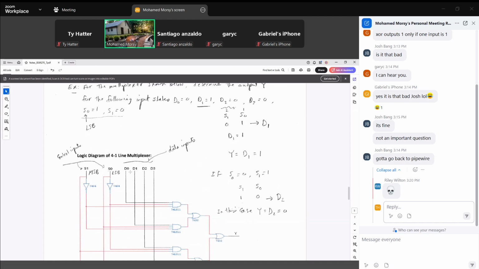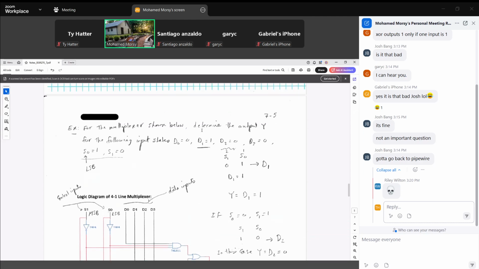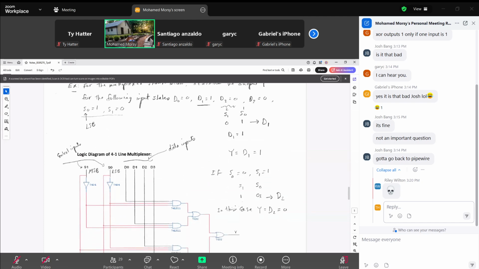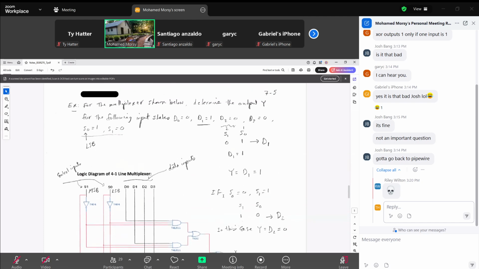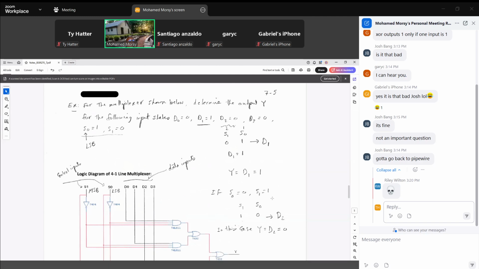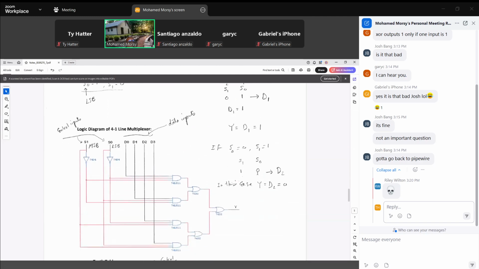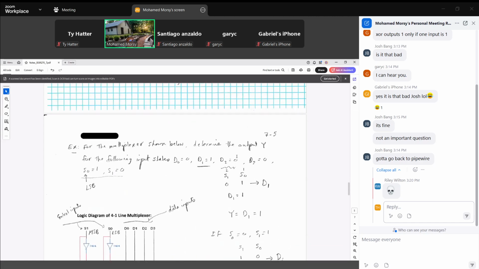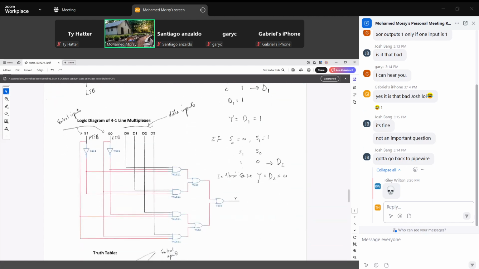We talk about inputs D0, D1, D2, D3, so this represents D1. D1 is 1, so the output equals D1 based on these control inputs. So the output will be 1. If S0 is 0 and S1 is 1, we talk about input D2. D2 here is 0, so this means Y equals 0.